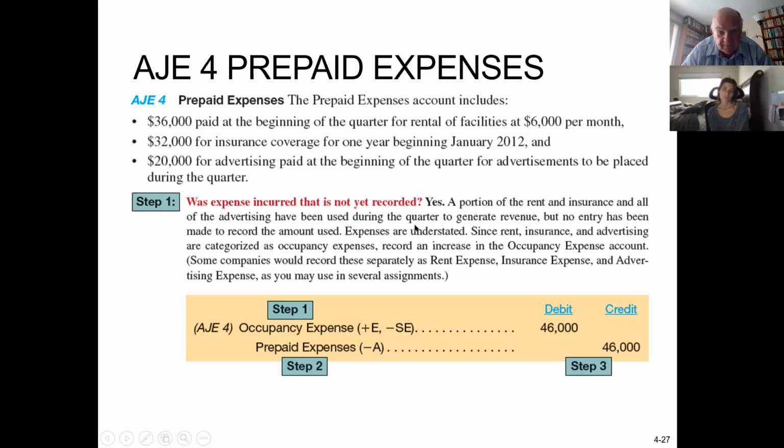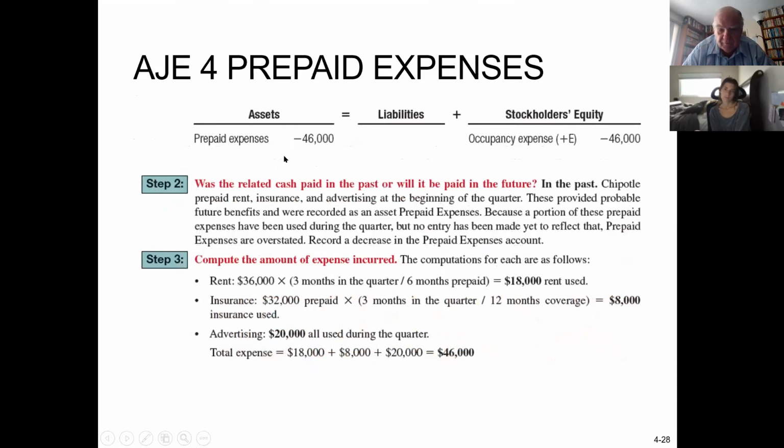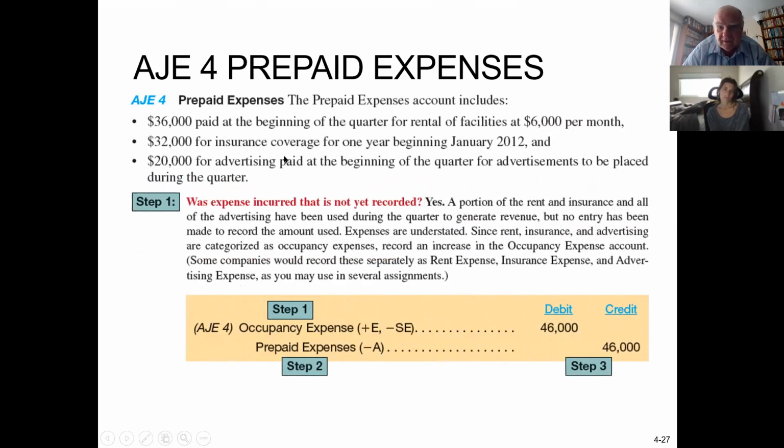And they don't show the calculation here, but 36 for 6 months of the quarter, that'd be 6,000, 32, 38, I guess, and some of that. But they come up with 46,000. I can't do the calculation in my head, but that's not the key part right now. The key thing to understand is that we have to figure out how much of this was actually used. And they're telling us 46,000. We don't have to calculate it.